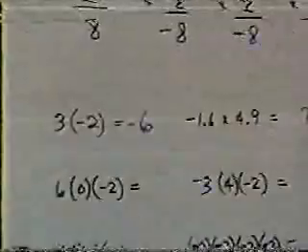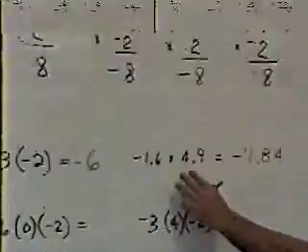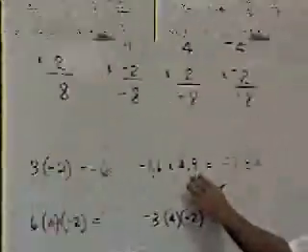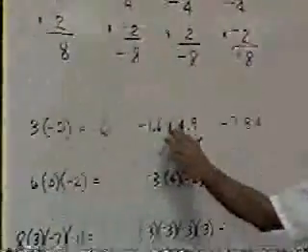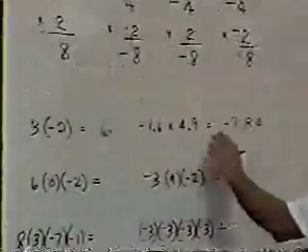Minus 1.6 times 4.9, I believe that's 7.84. Now you have 1 minus, so the answer is a minus. Now there's another tape on how you multiply this, so don't worry about how I got that answer yet. Just a number times a number. I don't care what these numbers are. If you have 1 minus, the answer is minus.